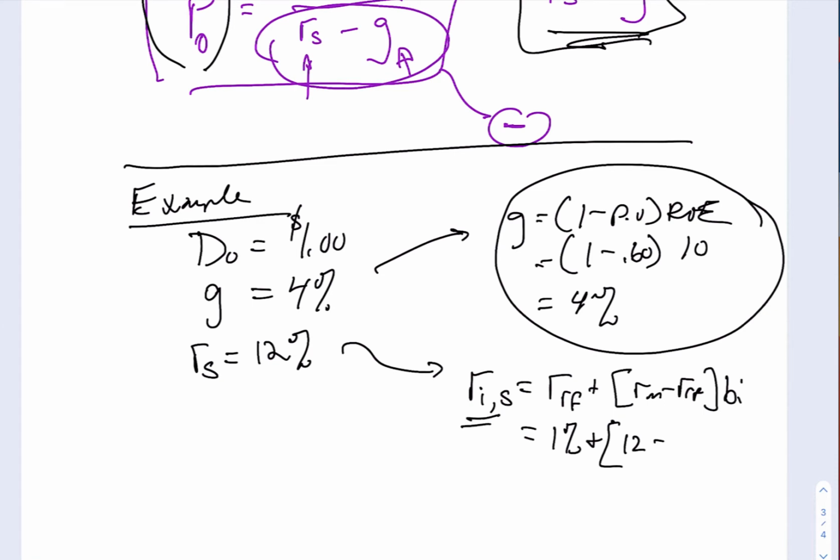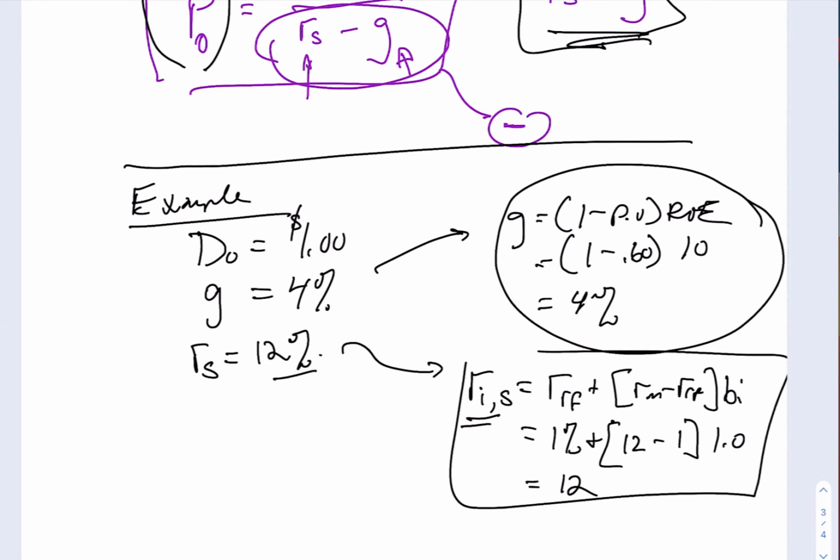So we're capturing risk in this model, which is very important. And that's coming from the 12 minus the 1 times, let's just say the beta of this company is a beta of 1.0, for example. So this stock has the risk of an average stock in the market. And so the discount rate would be 12%. That would be an example that's consistent with this 12%.